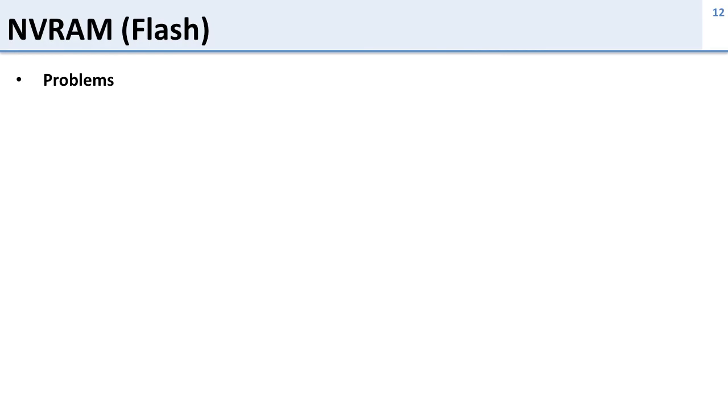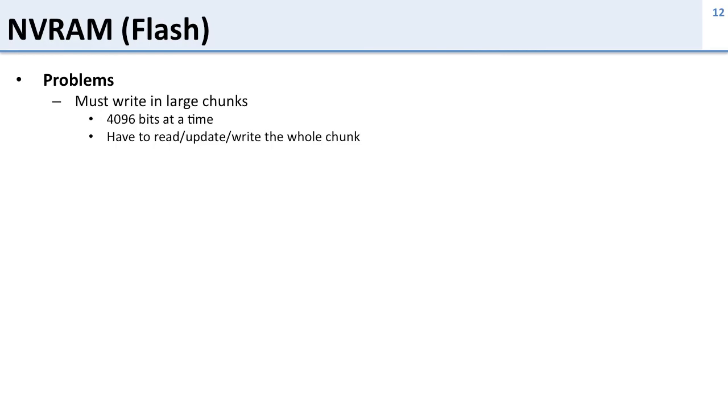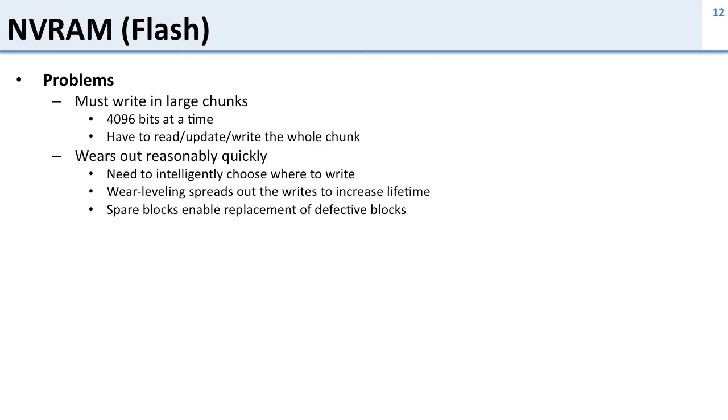So what problems do we have with flash? The biggest problem with flash today is you have to write data in large chunks. So we've got 4096 bits at a time. That means if I want to update 1 byte in my flash memory, I have to read and write 4096 bits. This is also a problem because flash wears out quickly.